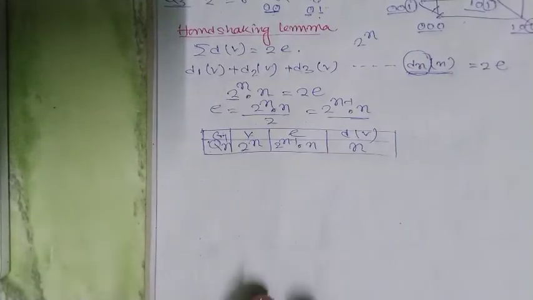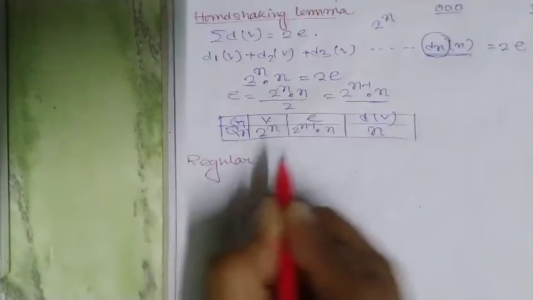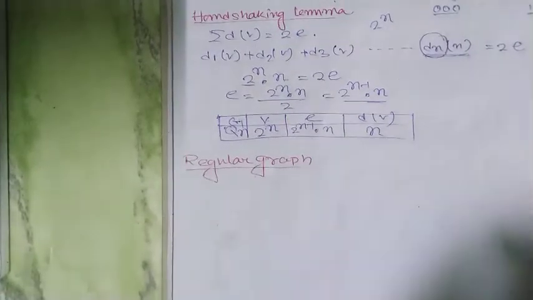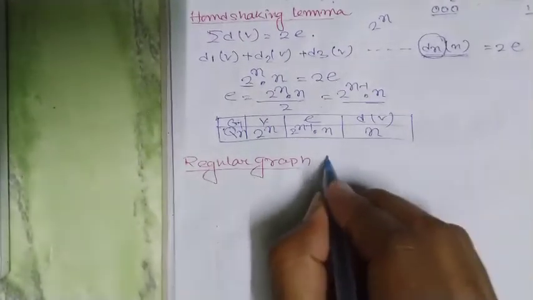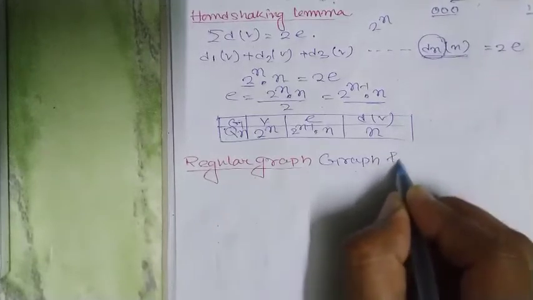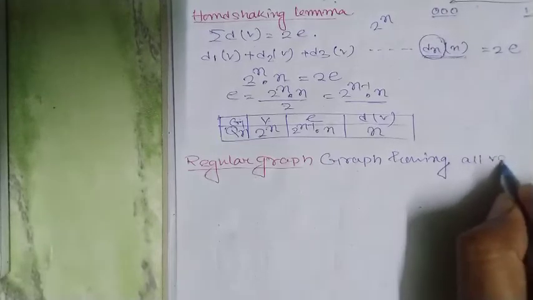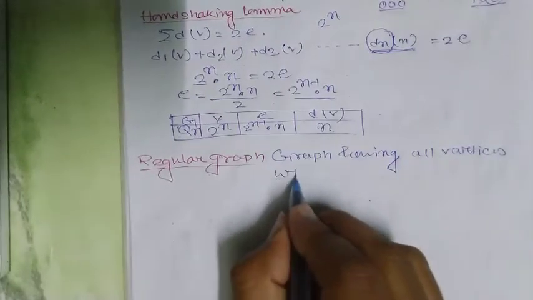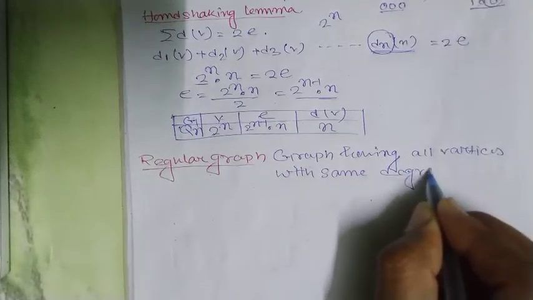Now we will go on to the next graph that we have, the regular graph. Okay, and what is the definition of a regular graph? A graph having all vertices with the same degree.